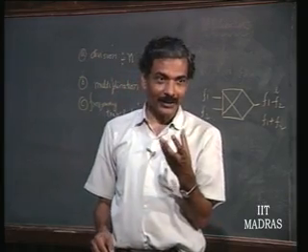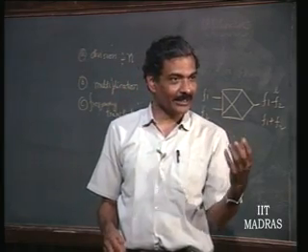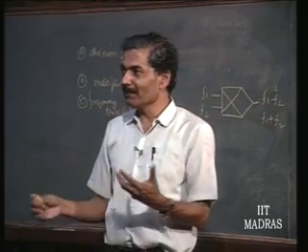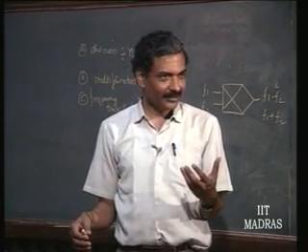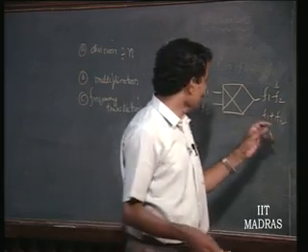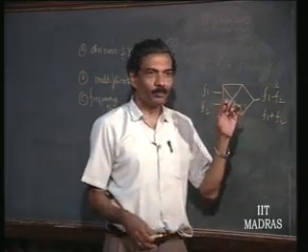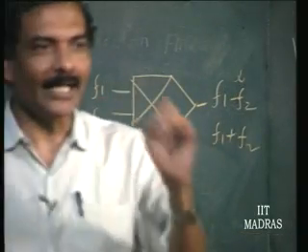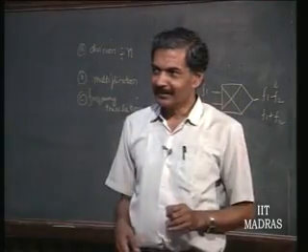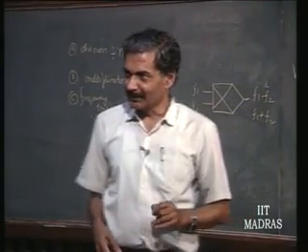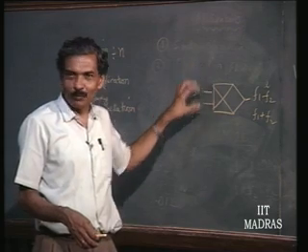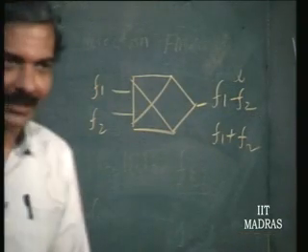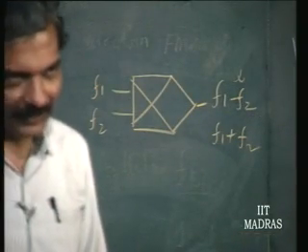And now we are talking of f1 being of the order of megahertz and f2 being of the order of maybe kilohertz or hertz. If, let us say, I want 9.999 megahertz, then imagine you doing multiplication of 1 megahertz with a very small frequency.